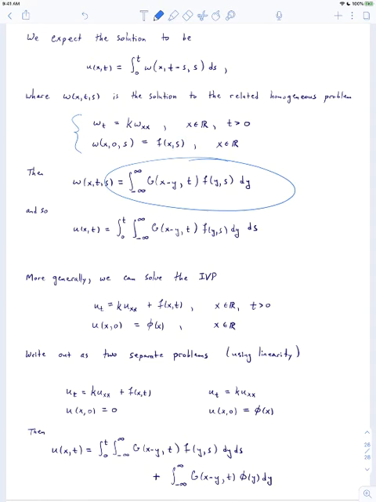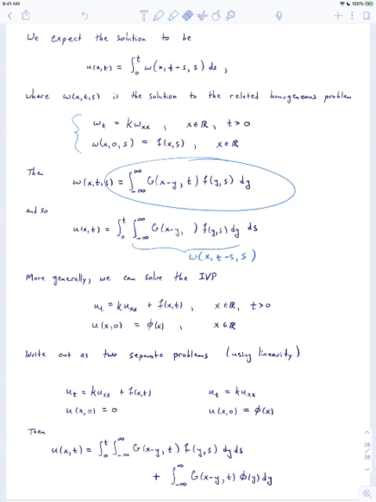So we expect then that u is going to be the definite integral from 0 to t of w. Well, not w, but w at x comma t minus s. Now, of course, as I write that, I realize that I need a t minus s here.